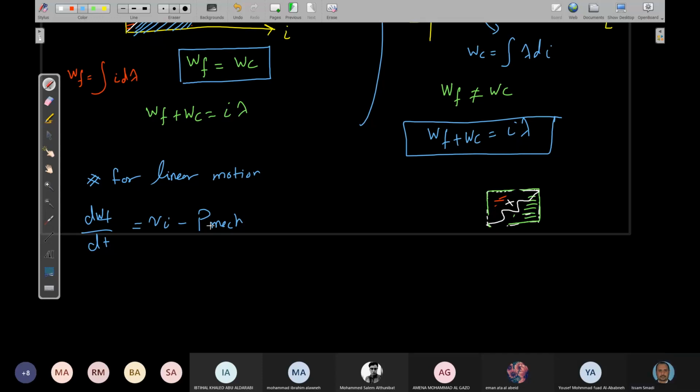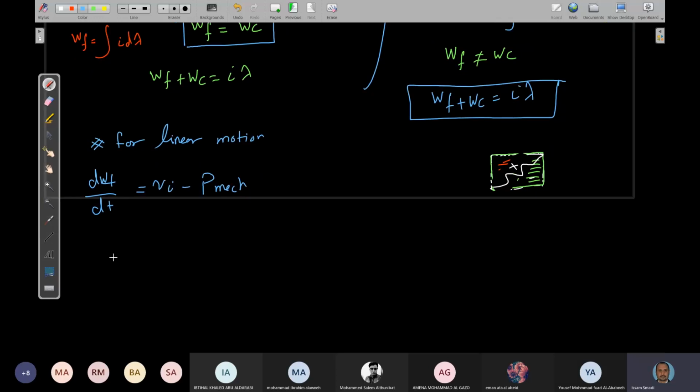And if I remove the ohmic losses, when I'm assuming that R goes to 0, because I don't need to carry the ohmic losses with me, then I can say d omega f by dt is equal to I d lambda by dt minus the mechanical power, and the mechanical power for the linear motion is equal to the force multiplied by the velocity.